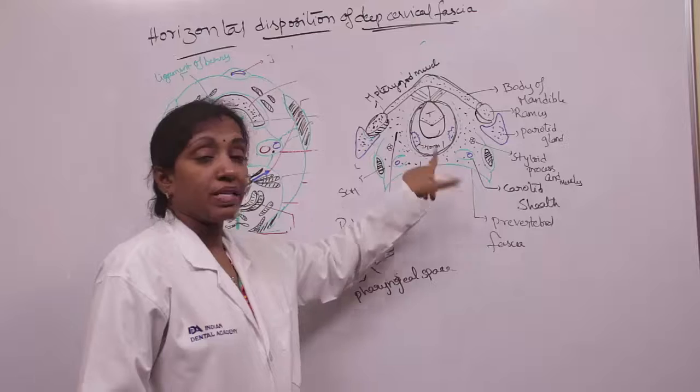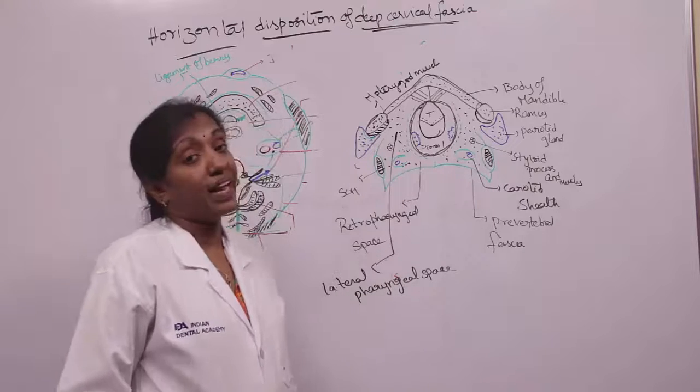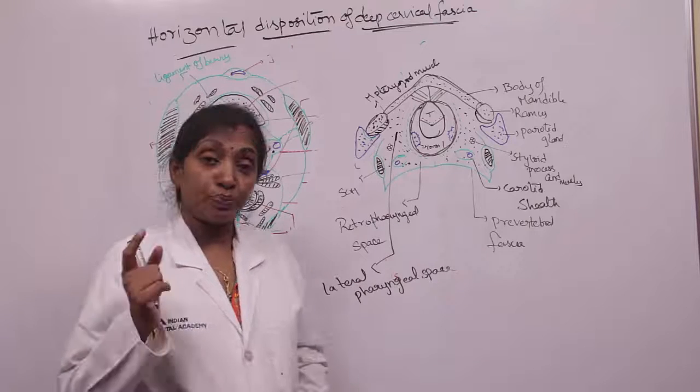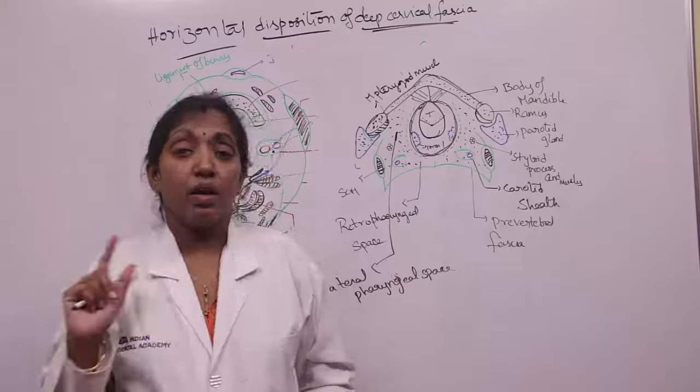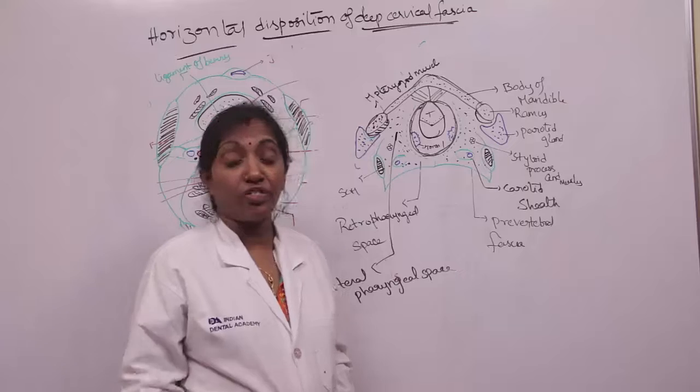The lateral pharyngeal space is bounded anteriorly by the buccopharyngeal fascia covering the superior constrictor muscle. Behind is the prevertebral fascia, on either side we have the carotid sheath, and above it is bounded by the base of the skull, and below it is continuous with the superior mediastinum of the thorax.